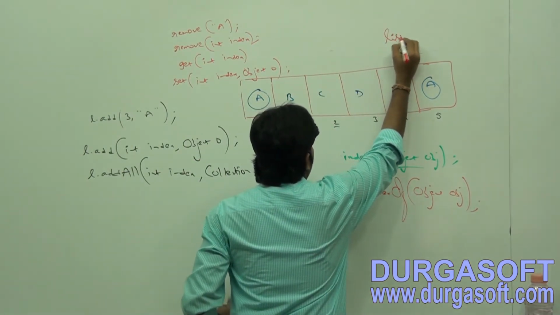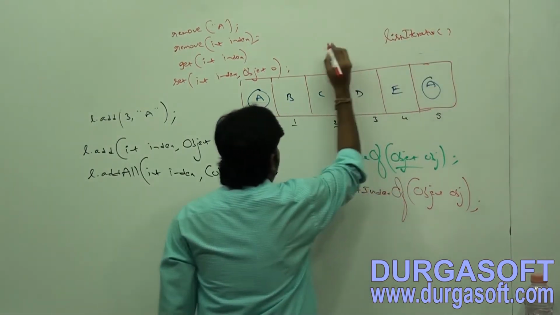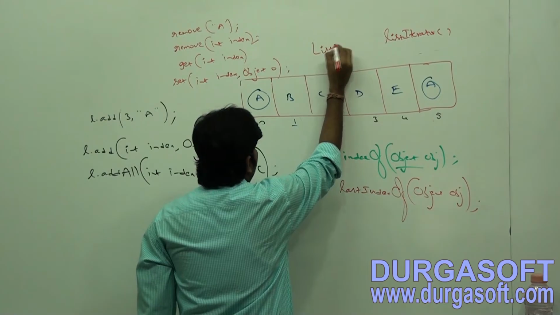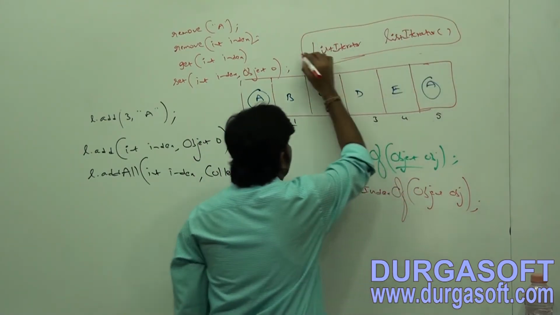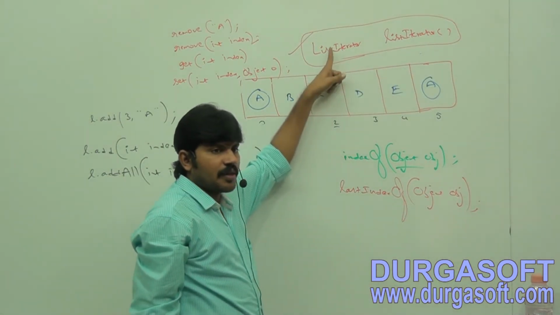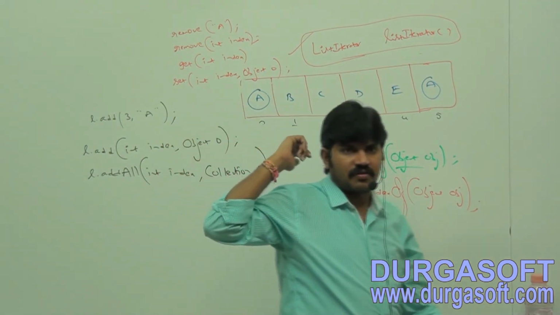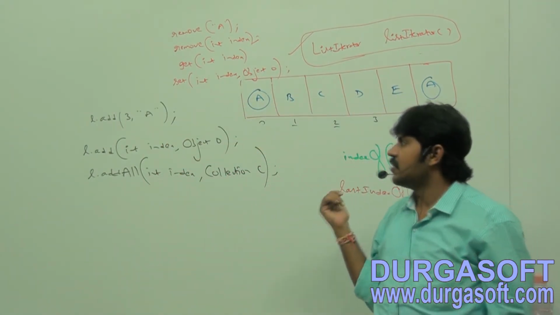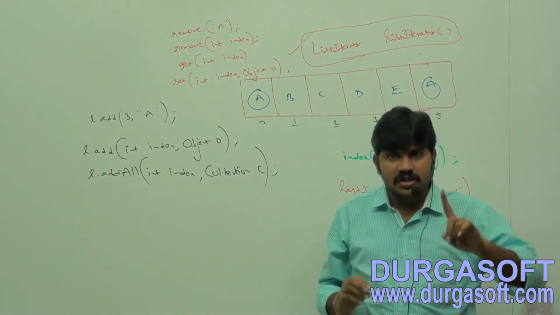The listIterator method. The return type is nothing but what? ListIterator. Any explanation is required after this terminology, right? Okay, that's all. Make sure these are various methods related to the list interface, right?